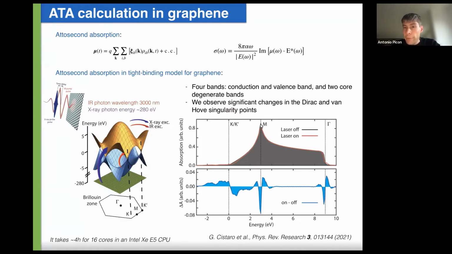So if we take the difference, we get the transient absorption for a particular time delay, and we see that the main differences are really focused on these points, which have in common that they are Van Hove singularities.